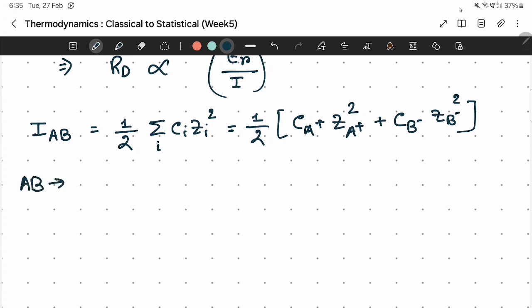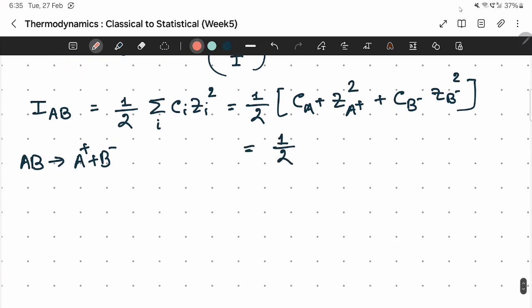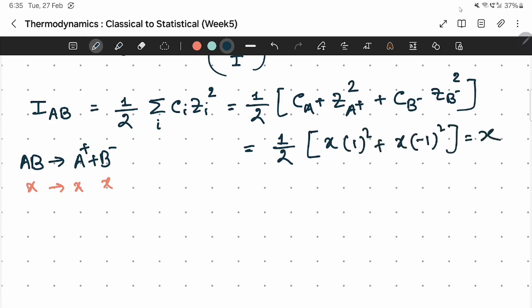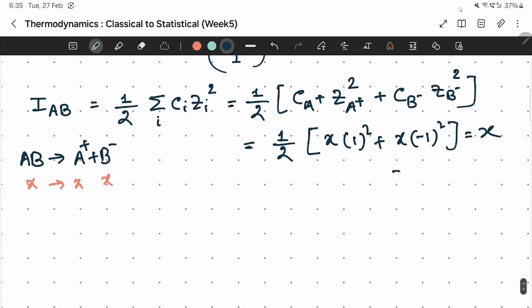AB will dissolve into A plus and B minus, so zA+ and zB- are both 1. If the concentration of AB is x, then A plus and B minus will both be x, so we can write half of x into 1 square plus x into minus 1 square. So it is x, and it is given 0.01 in mole.